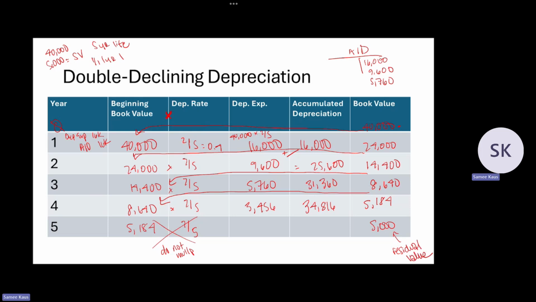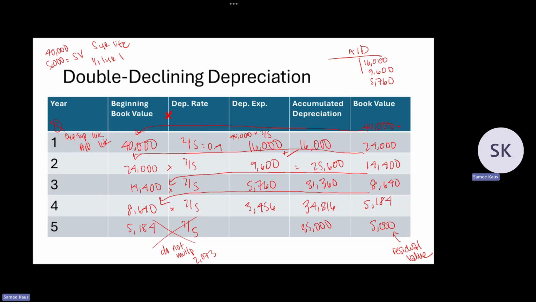Okay. So if that's my residual value, the math on 5,184 multiplied by 0.4 would be about $2,000. But I can't depreciate this anymore. I know I can only take depreciation up to a total of 35,000.